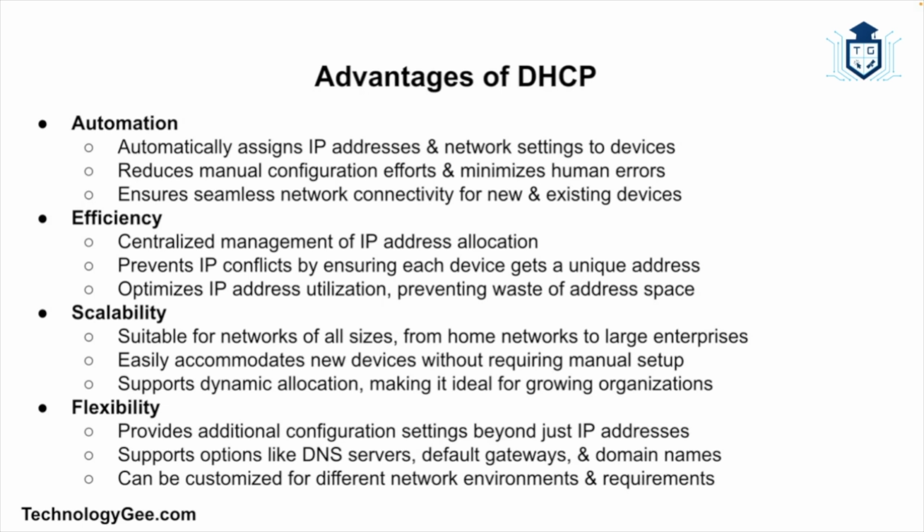There's scalability. DHCP is suitable for networks of all sizes, from small home networks to large enterprise networks. It can easily handle the addition of new devices. And then there's flexibility. DHCP supports various configuration options, allowing network admins to provide additional settings such as DNS servers, default gateways, and domain names to clients.